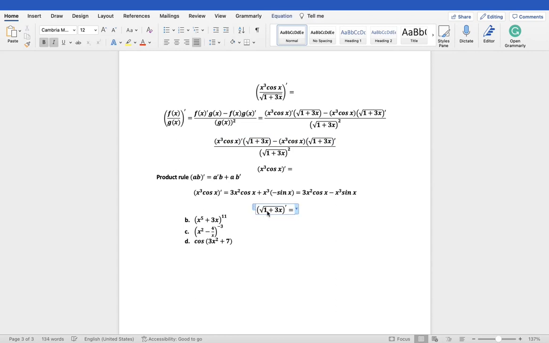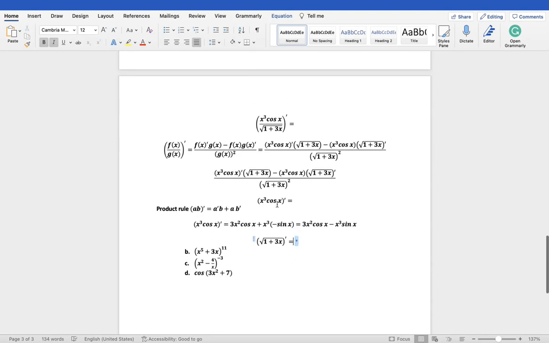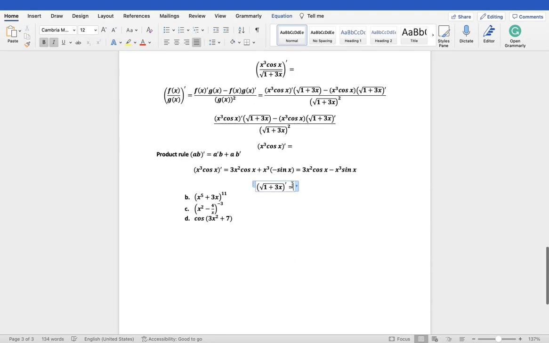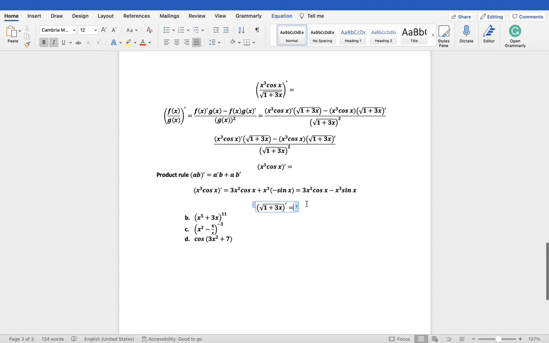Right. And here again, there's two ways you can do this. You can sort of memorize the rule for the square root, or you can use the rule, right?